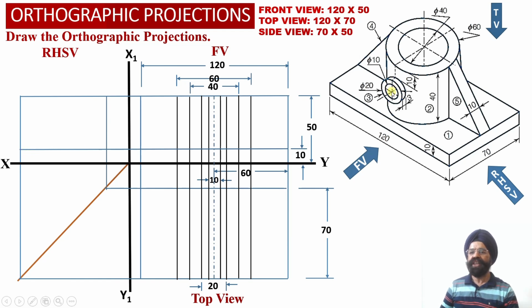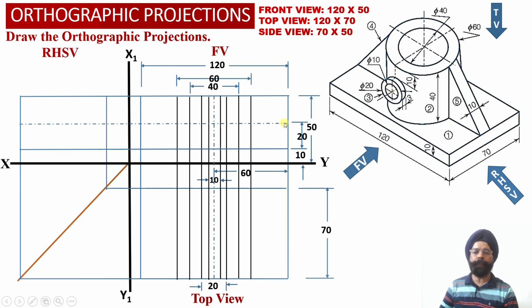Now this short cylindrical element is also located centrally onto this vertical height of 40 millimeter. So now we have to measure a distance of 20 millimeter from the top surface of this horizontal web, so that the center point corresponding to this short circular hollow cylinder can be obtained into the front view orthographic projection.